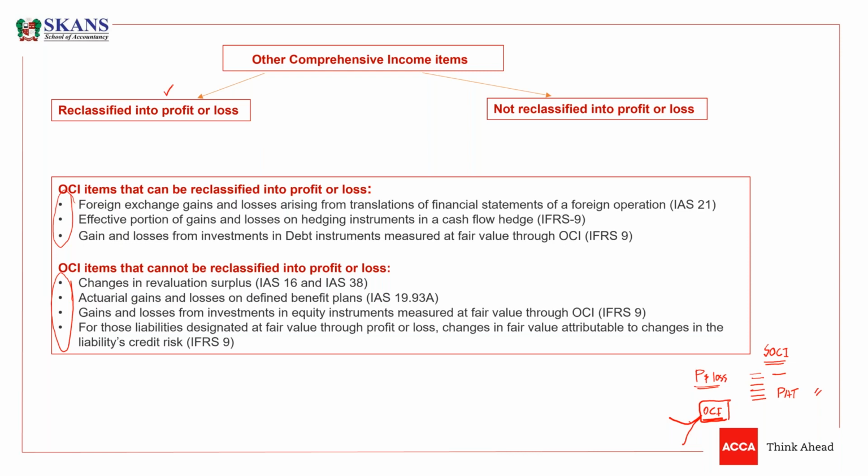You are writing these items in other comprehensive income every year, maybe after some years, but at some point of time, you have to reclassify these items to P&L. We call it recycling. So you have to recycle these to P&L.